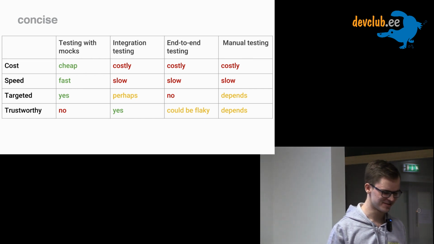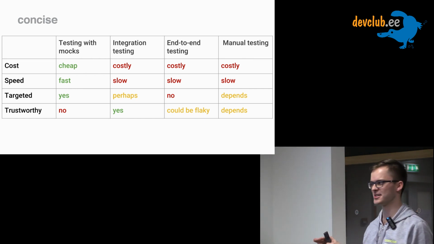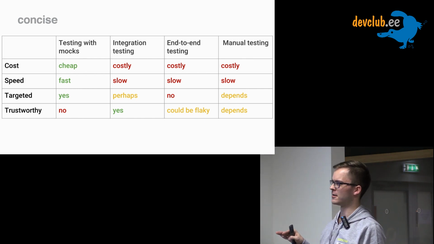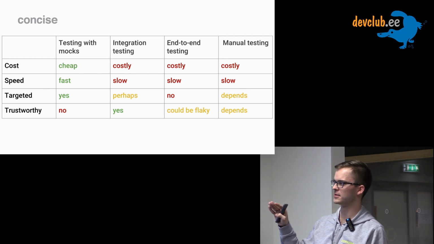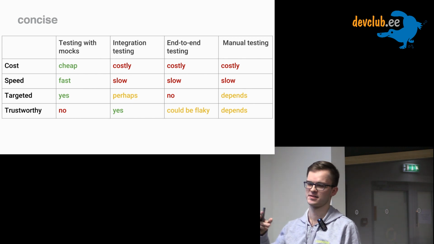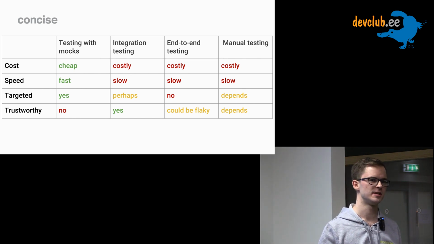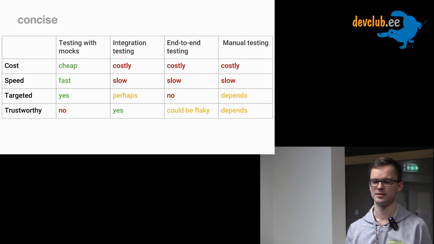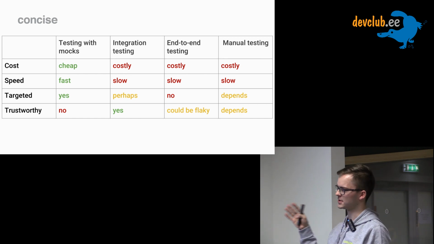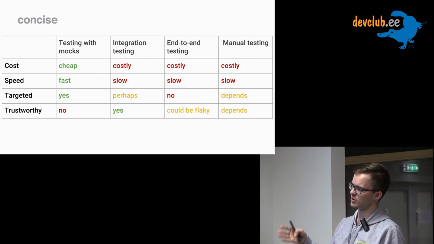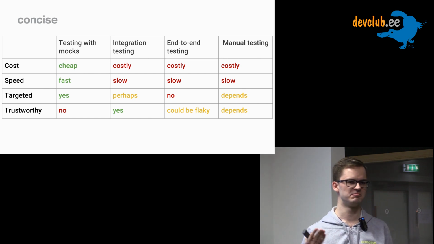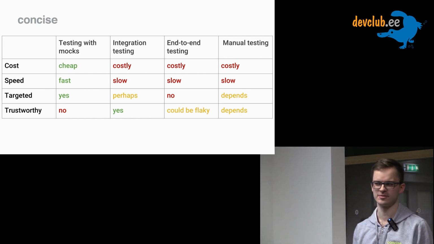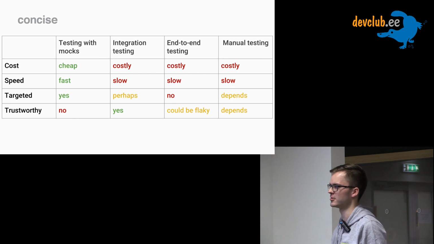So here is a conclusion of all the different types of tests we looked at. We see that everything that doesn't use mocks or testing in isolation is costly and slow, but the team looked at this table and thought that testing with mocks seems the most optimal solution to have a high release cadence.